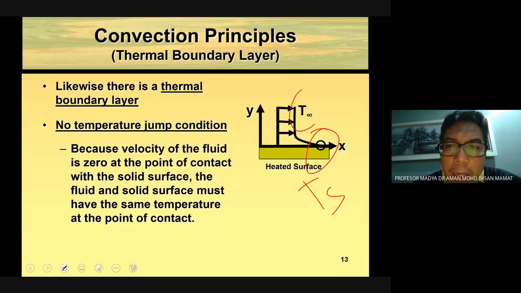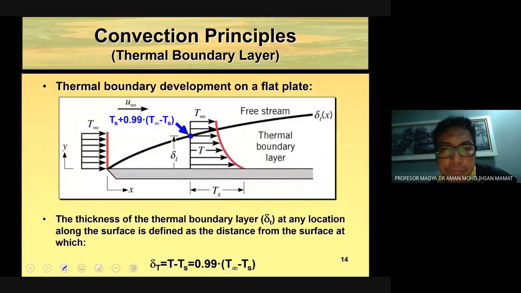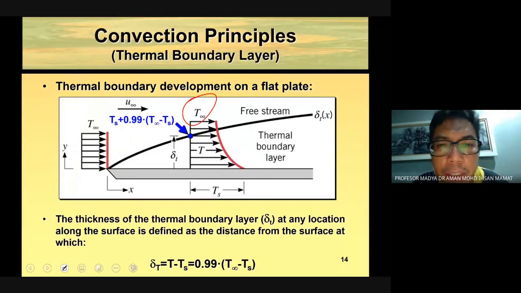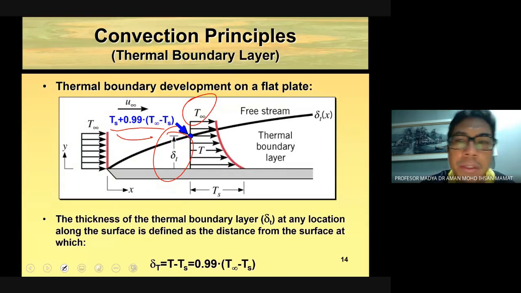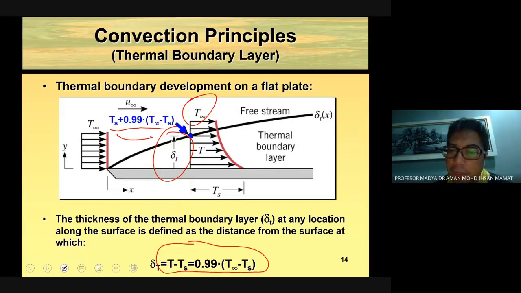Okay, and this is the free stream temperature. Then you're going to have a development of the temperature profile, where the free stream temperature is T infinity. So the thickness of the boundary layer is when it is equal to these equations, or the temperature difference when it is approaching about 99% of the free stream temperature.